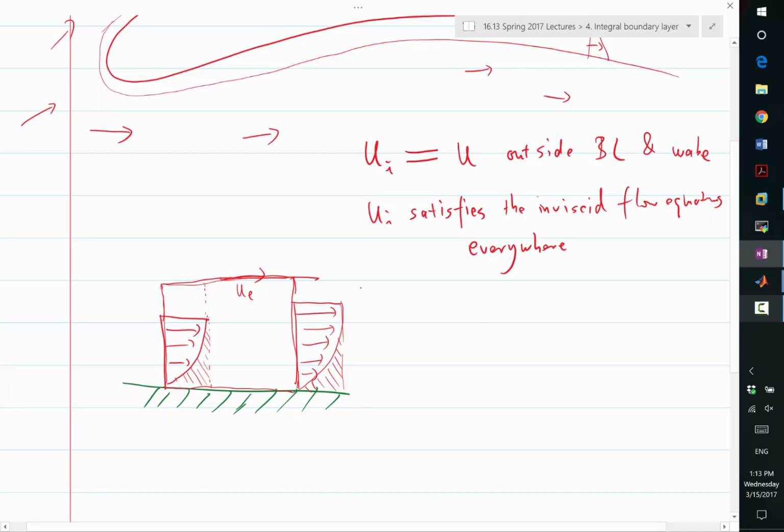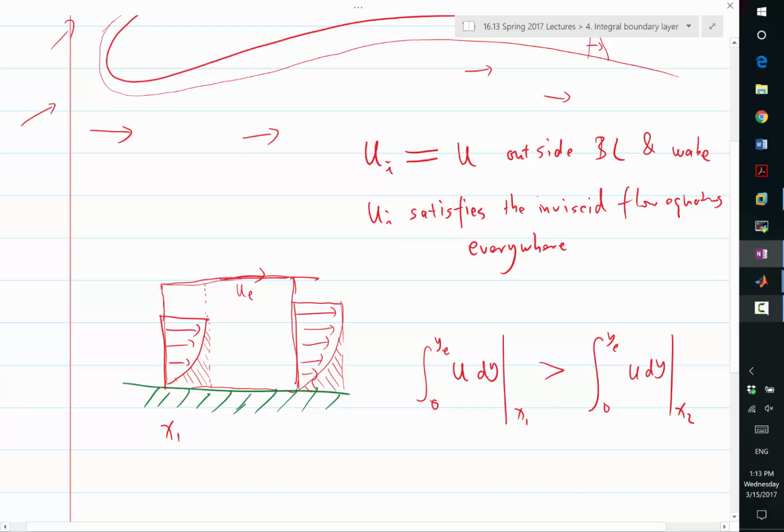So the total integral from 0 to ye, the edge of the boundary layer, of u dy at x1 is greater or smaller than the same integral at x2? I'm only considering the x directional velocity.